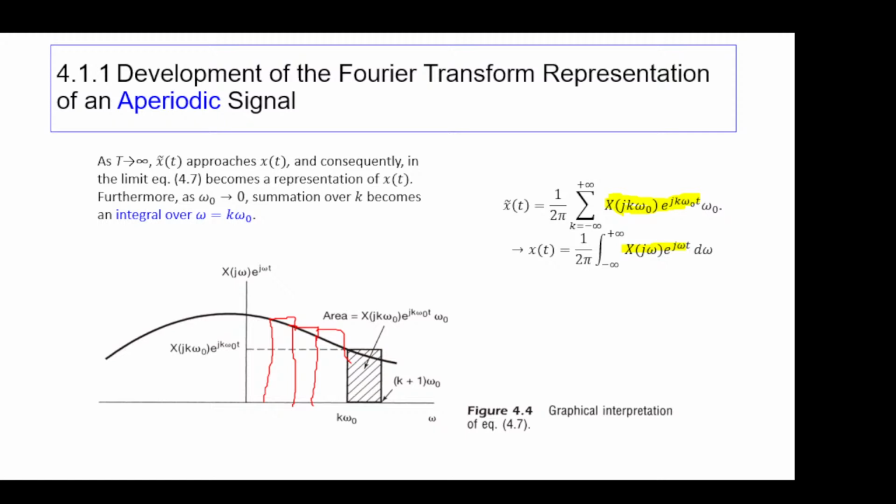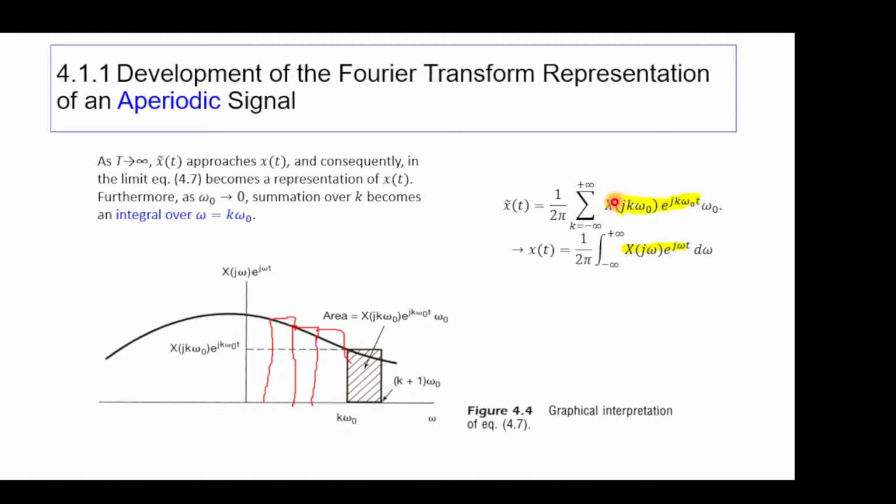And this summation is actually summing over the rectangles. The starting points of those rectangles are at k omega naught, with k from minus infinity to plus infinity. This omega naught will be the width of your rectangle, because you go from k omega naught to k plus 1 omega naught. The height is X of j omega e to j omega t, taking value at omega equal to k omega naught.